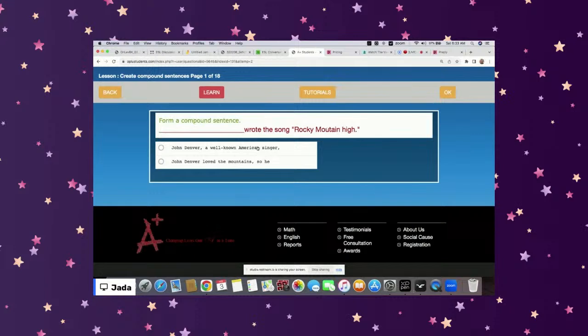The first one or the second one? So yes, it will be the second one, of course, because the second one has the comma and the conjunction. Yes, we have the comma here and we have so, which is the conjunction.